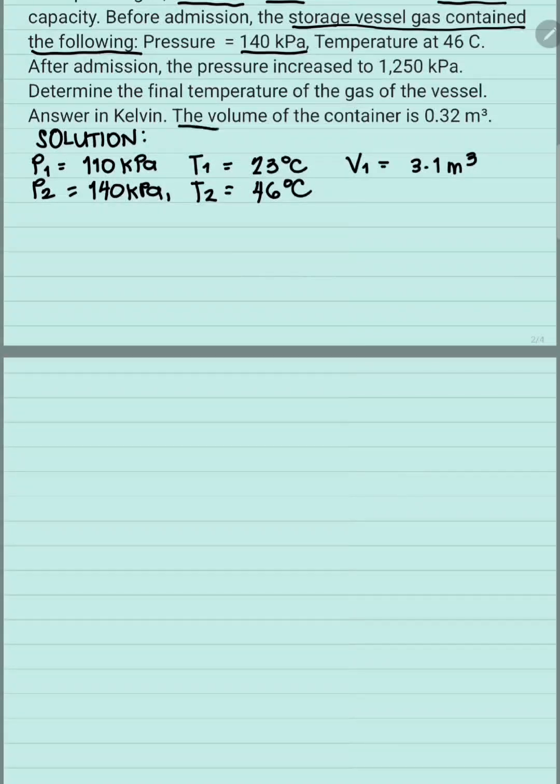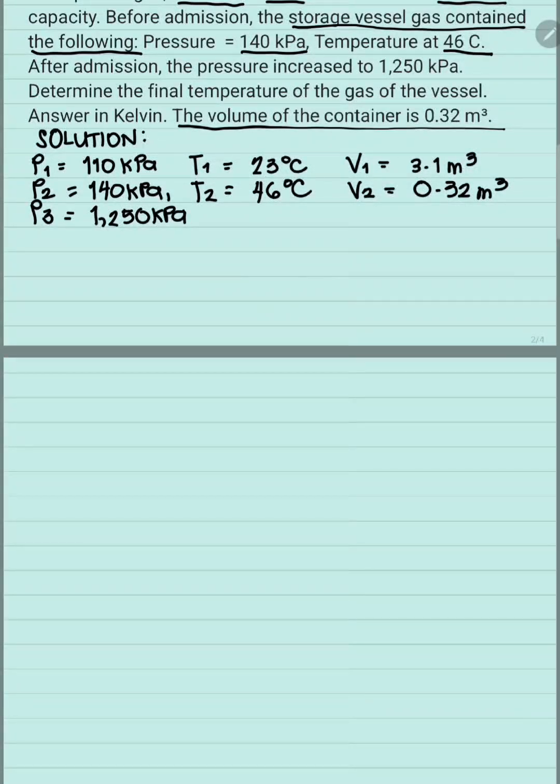And the volume of the container is 0.32 cubic meters. So we can say that V2 is 0.32 cubic meters. Now, after admission, so let's underline this. After admission, the pressure increased to 1,250 kilopascal. So we can label this as P3, or the final pressure, which is 1,250 kilopascal.